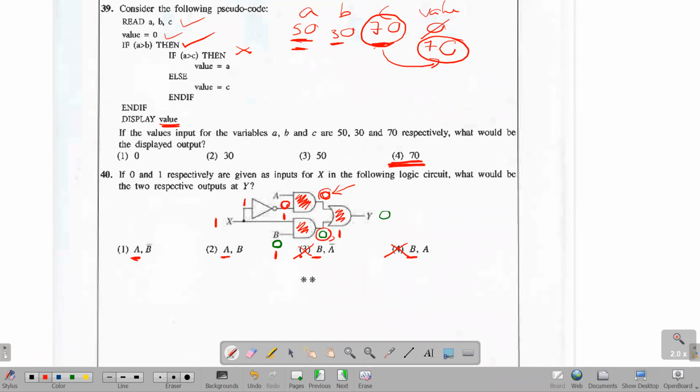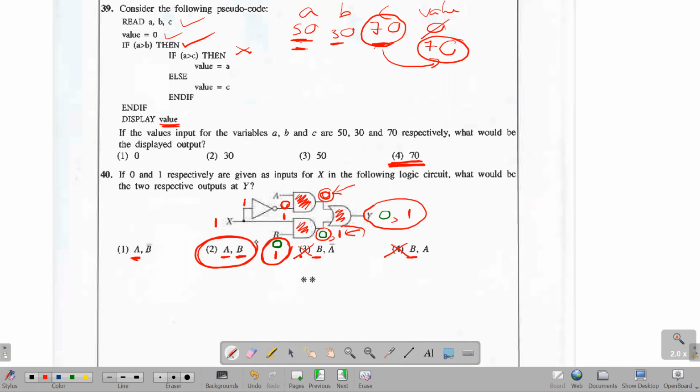And when 0 and 1 is considered, Y is going to be a 1. That means the value of Y is similar to the value of B right over here. So it's going to be A and B what you are going to receive. That means the second answer is going to be your final answer.